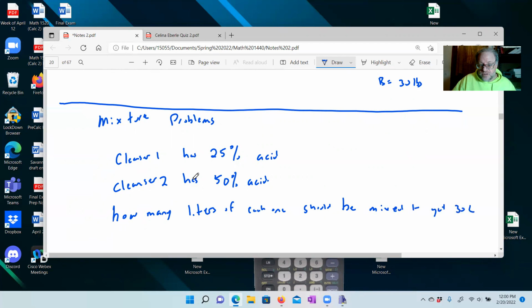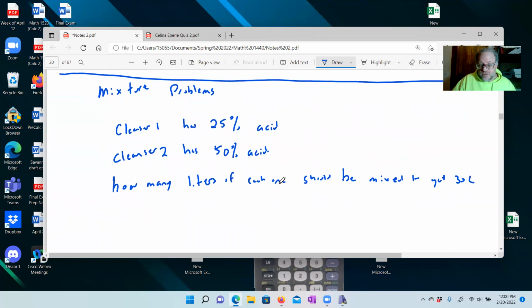And we're making an assumption here that one doesn't dissolve in the other one, that is 40% acid. So we're making an assumption that these are the same kinds of acids or something, or they're not going to react in any way. You know, we're not going to create like an explosive situation. We're just mixing two cleansers. Okay.